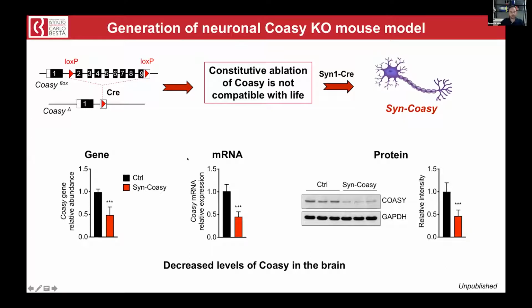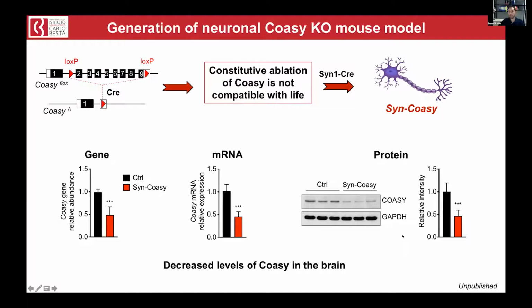So the mice showed a deletion of the COASY gene in about half of the total brain, that is more or less the part of the mouse brain composed by neurons. And also the expression of the protein is more or less 50% compared to control littermates.